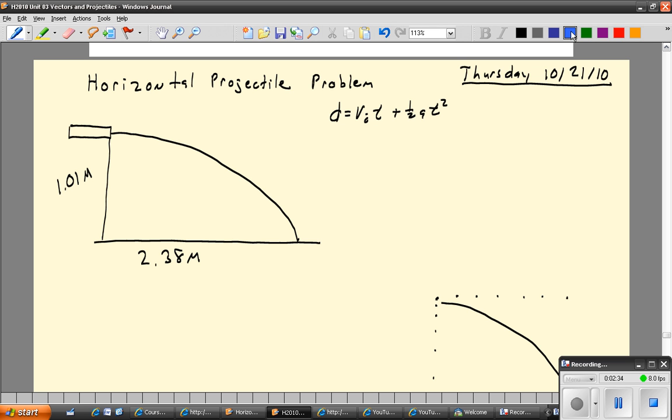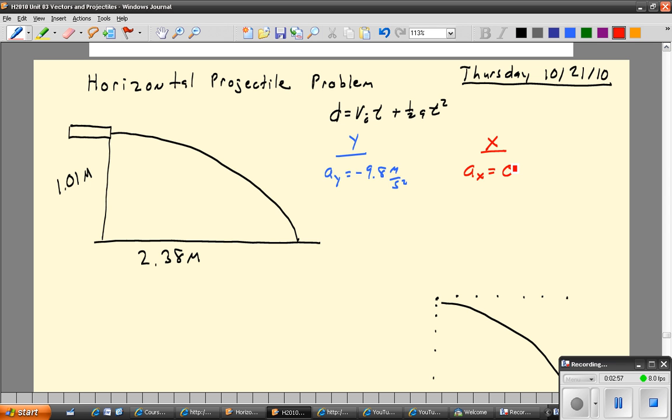For example, in the y direction, it is true that the acceleration is negative 9.8 meters per second squared. However, if I was talking about the x direction, the acceleration in the x direction is actually 0.